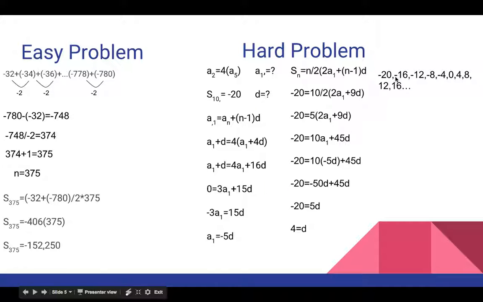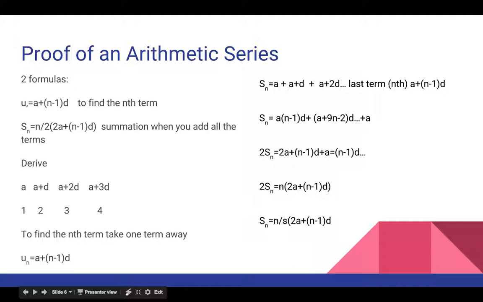Then we're just going to end up with negative 20 plus 0, which is equal to negative 20, which is what we said, which is true. So after doing all this, we used two equations to find each piece of information we needed, and we found out that that is true.